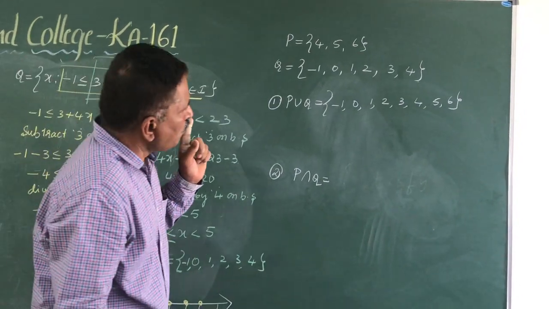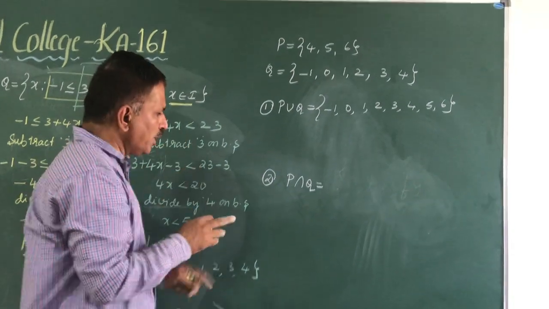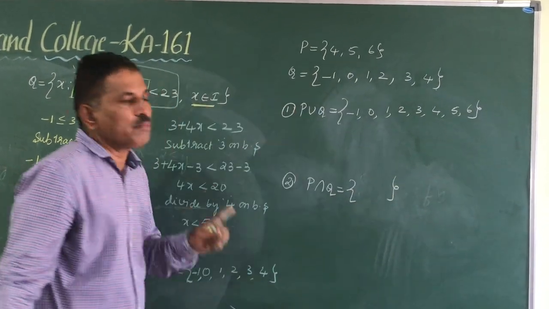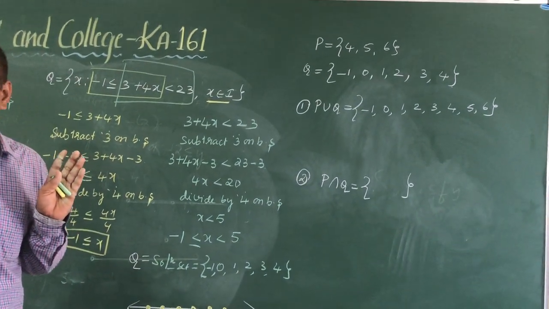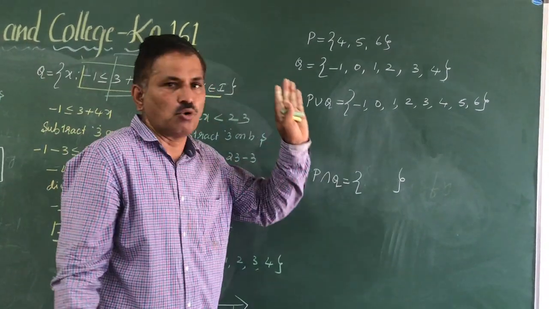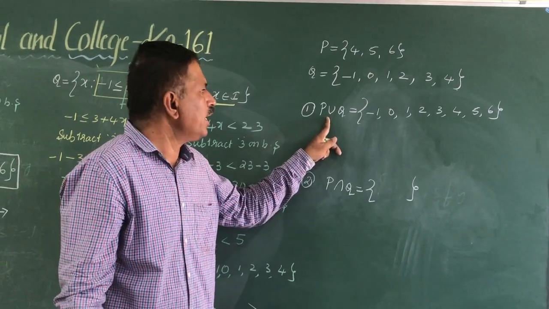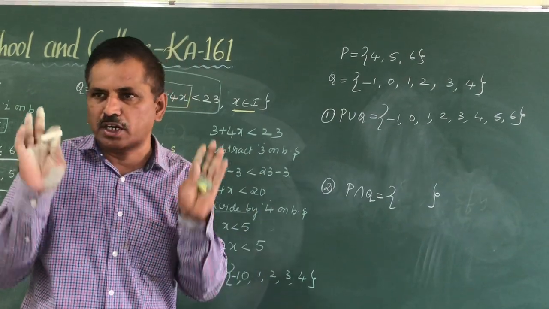Because 4 is repeated 2 times. You can't take, you have to take only one time. I repeat again, union means you have to take the elements which are present in both sets maximum of one time.